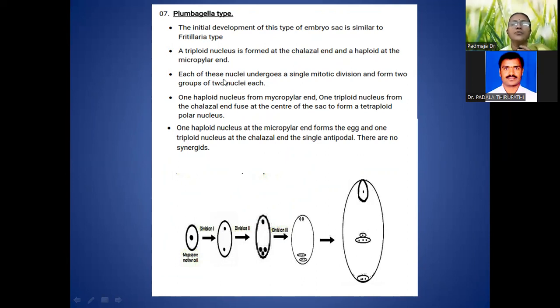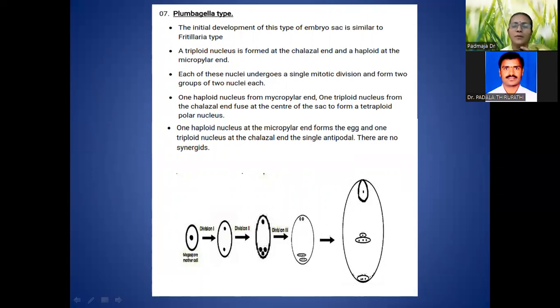And each of these nuclei undergoes a single mitotic division. Only a single mitotic division takes place, and as a result forms two groups of 2 nuclei each. One haploid nucleus from the micropylar end and one triploid nucleus from the chalazal end fuse at the center of the sac to form a tetraploid polar nucleus.